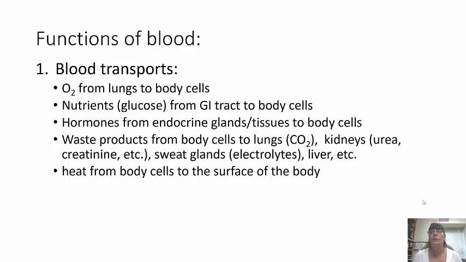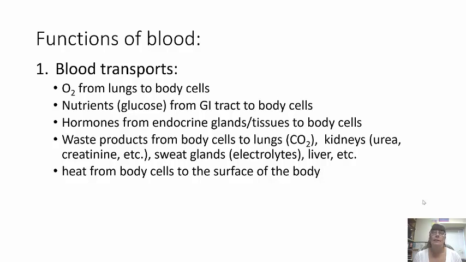It's also going to transport nutrients from the GI tract to the body cells, hormones, very importantly, from the endocrine system that we just talked about, and tissues to the body cells, and then waste products so that we can get rid of them from the body cells to both the lungs and the kidneys so that the kidneys can audit and monitor our urine production and get rid of what we don't need, and also to the sweat glands, the liver, and other areas that we can get rid of these waste products.